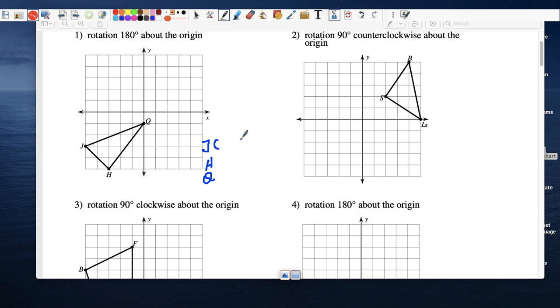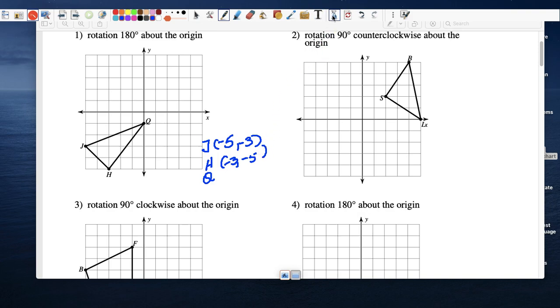Point J is at 1, 2, 3, 4, 5. Okay. So point Q is negative 5 and negative 3. Point H is at negative 3, negative 5.